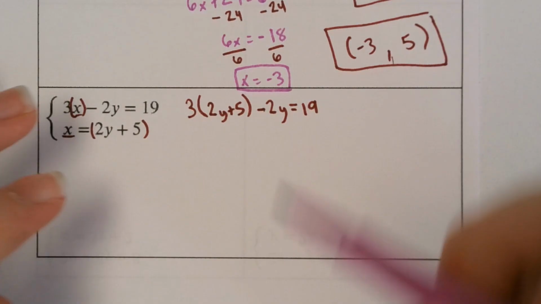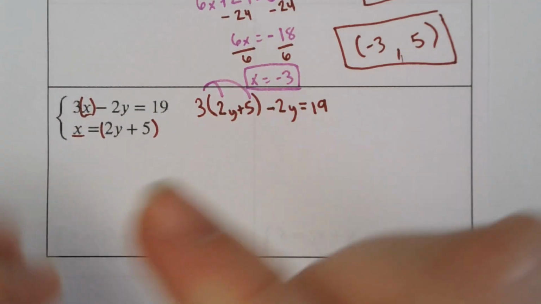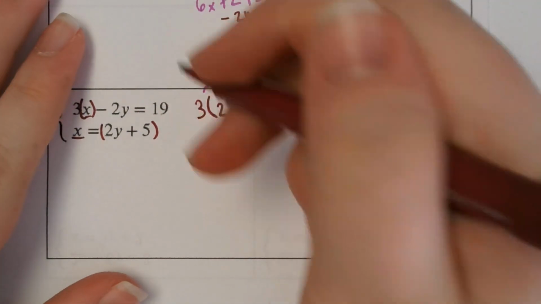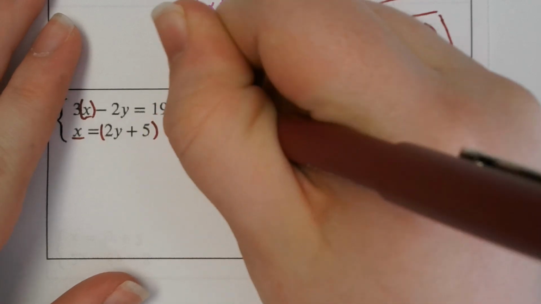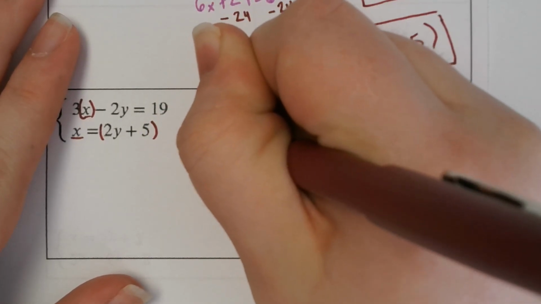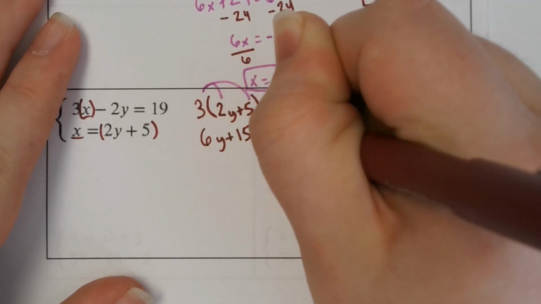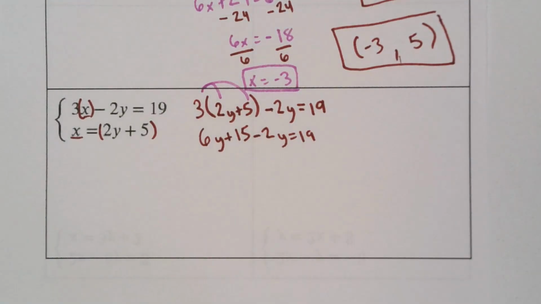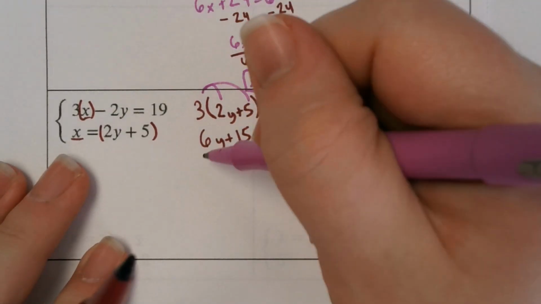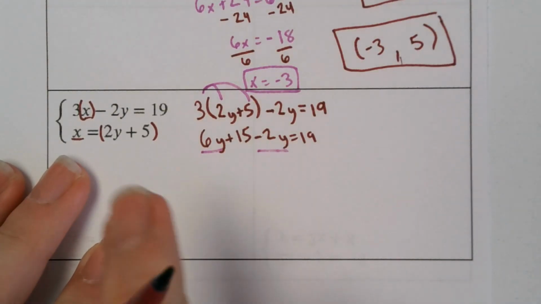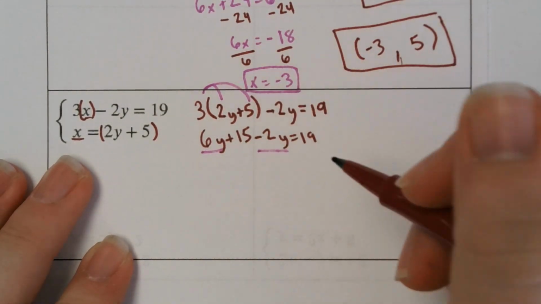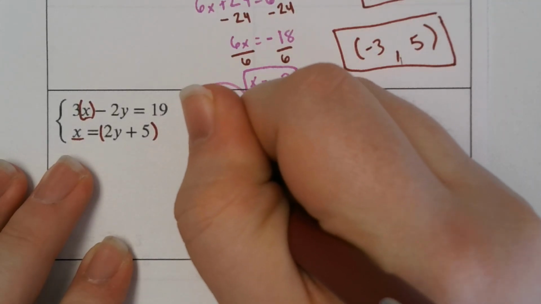So then we distribute. So 3 times 2y would be 6y. 3 times 5 would be 15. And then we keep the rest the same. Minus 2y equals 19 just drops down. Okay, next step. Combine your like terms. We have 6y minus 2y. What's 6y minus 2y? 4y.